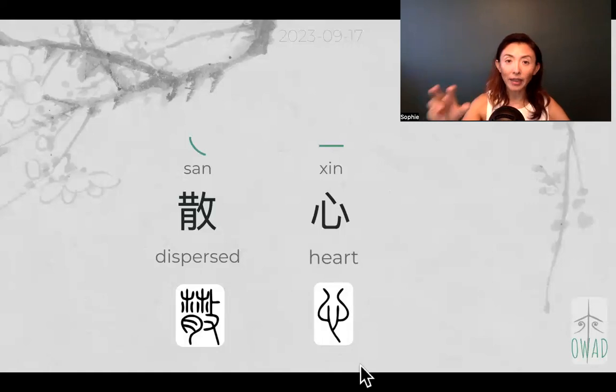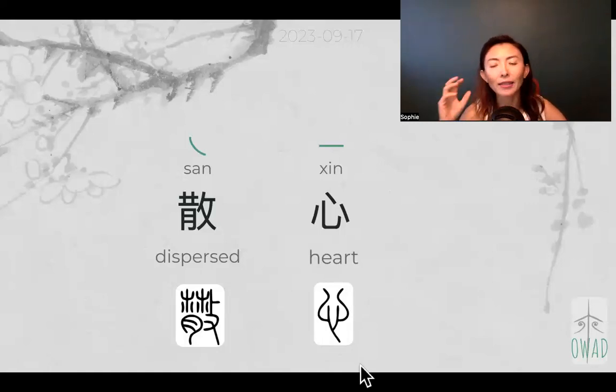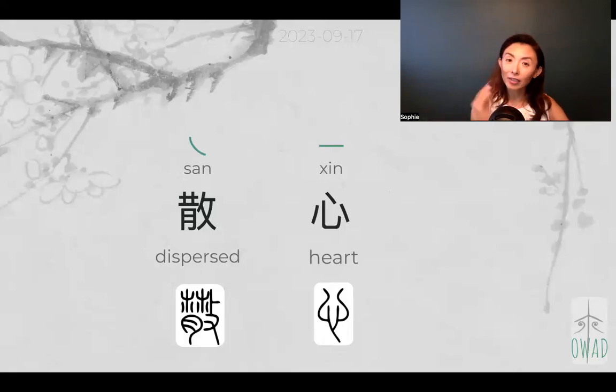So the character simply is a visual, super abstract representation of a human heart. And heart, in Chinese, just like in English, we have heartwarming, we have heartfelt, right? So apparently heart in English as well was attached to emotional intelligence, the empathy, to feel something.